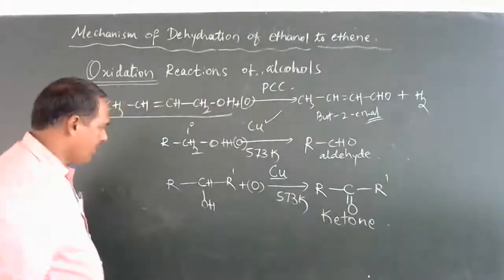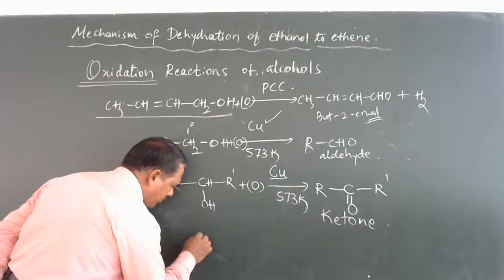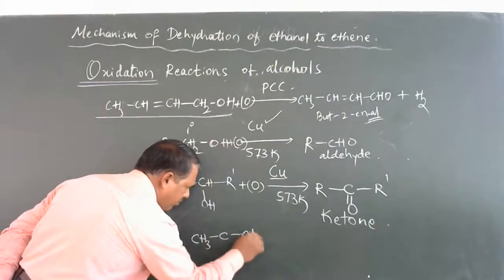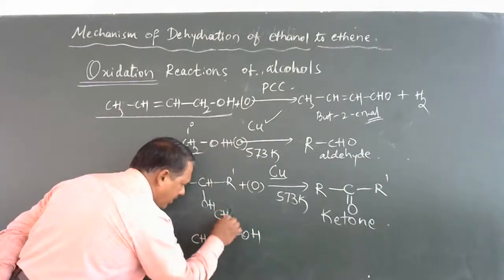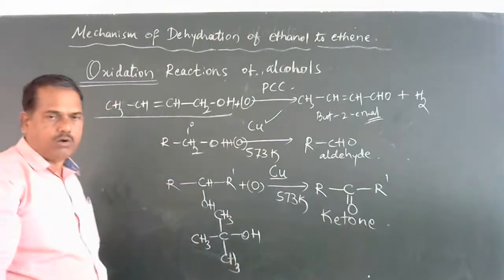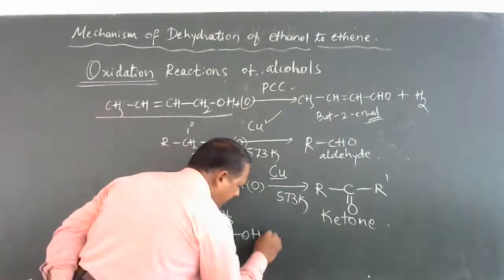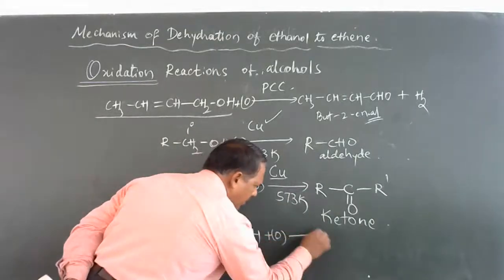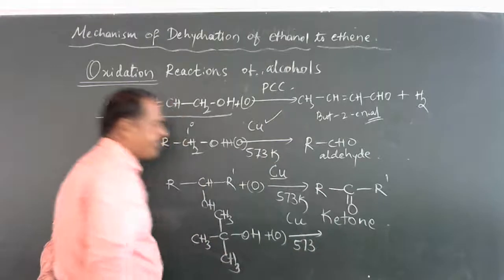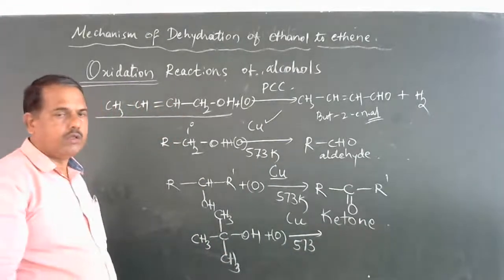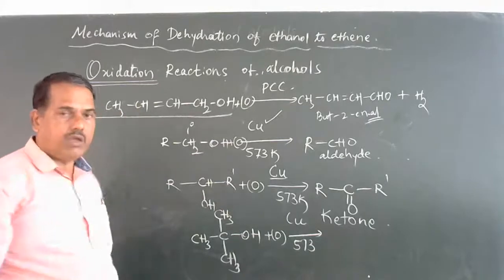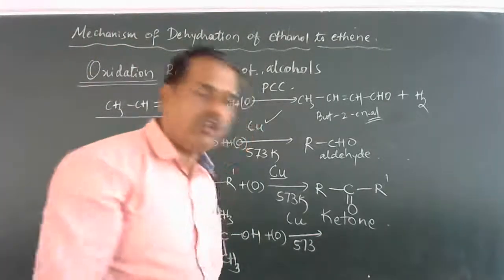Are you clear? Go for tertiary alcohol. Particularly I will write (CH3)3COH, which is nothing but tertiary butyl alcohol. It is oxidized in the presence of copper as a catalyst at 573 K. See, dehydrogenation does not take place here; dehydration takes place.